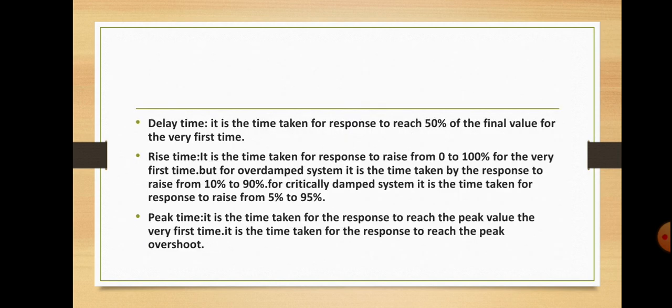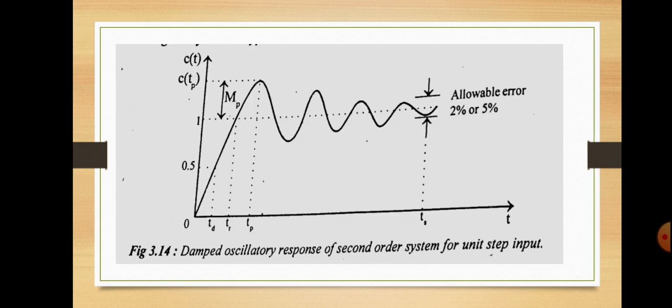Next we will go to the statement of each time specification. First is delay time, TD. It is the time taken for the response to reach from 0% to 50%. You can see that when we go upwards from TD, it meets the curve at a point where the output response is 0.5.